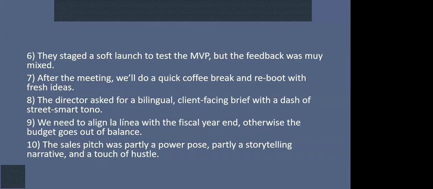Take a look at number 7. After the meeting, we'll do a quick coffee break and reboot with fresh ideas. Probably that reboot, I think that could be from Spanish. Also, the director asked for a bilingual client-facing brief with a dash of street smart tonal.